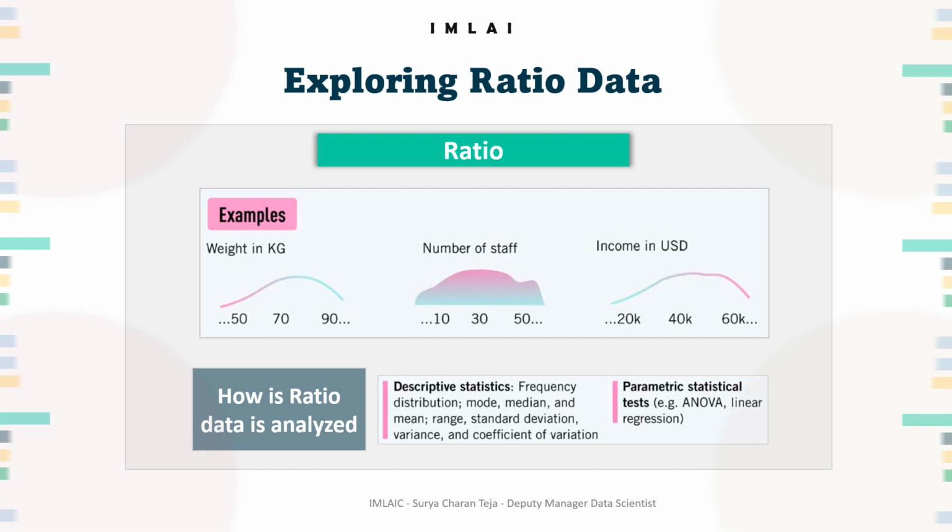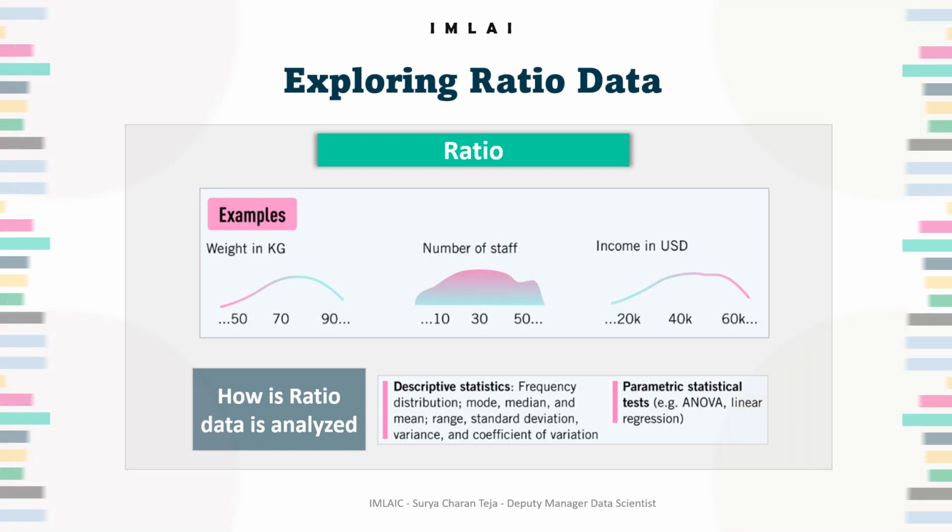Still, as we know, parametric tests are more powerful and therefore allow you to draw more meaningful conclusions from your analysis. We will be discussing some of the parametric tests that we can use to analyze ratio data.